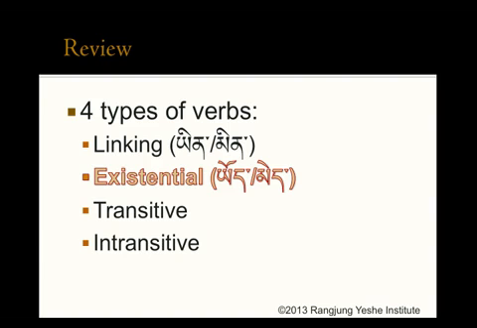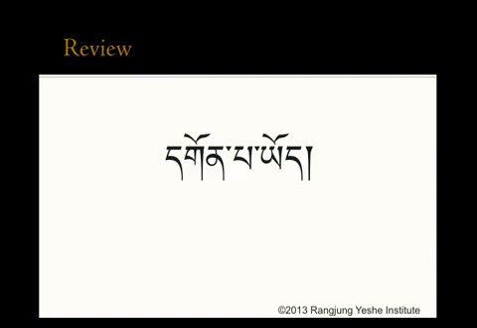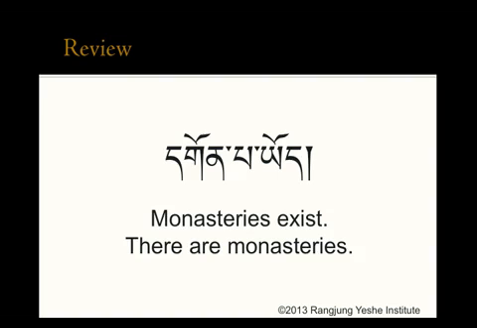Existential verbs, ye and me, indicate the existence of something or someone. So if we say, Gompa ye, this means monasteries exist, or there are monasteries. Or, because number isn't indicated here, possibly there is a monastery. Existential verbs can also show the existence of something in a location by adding the particle la.